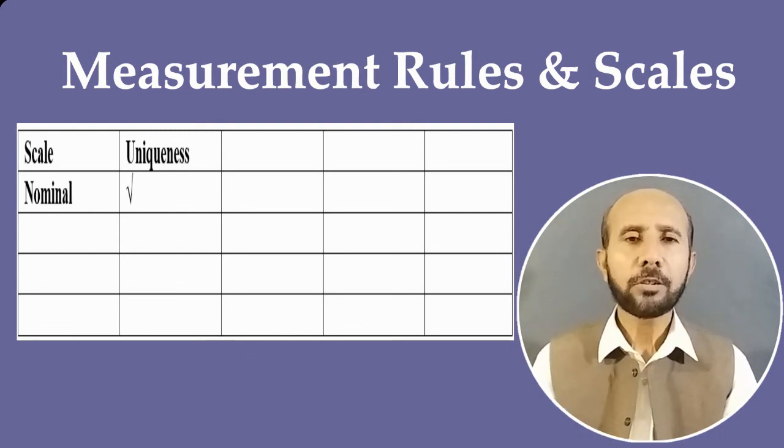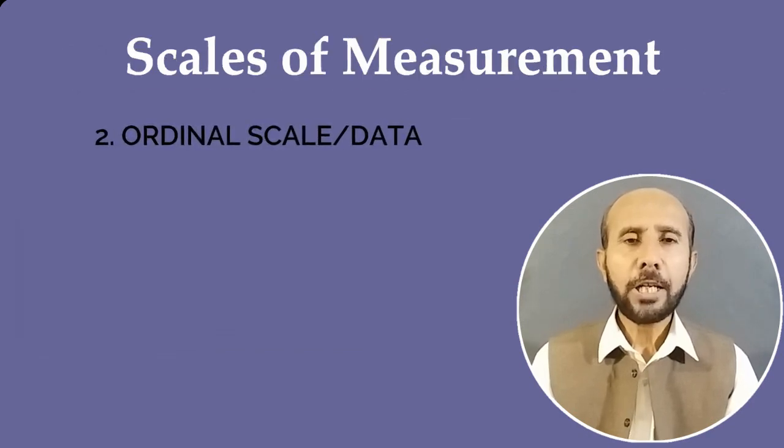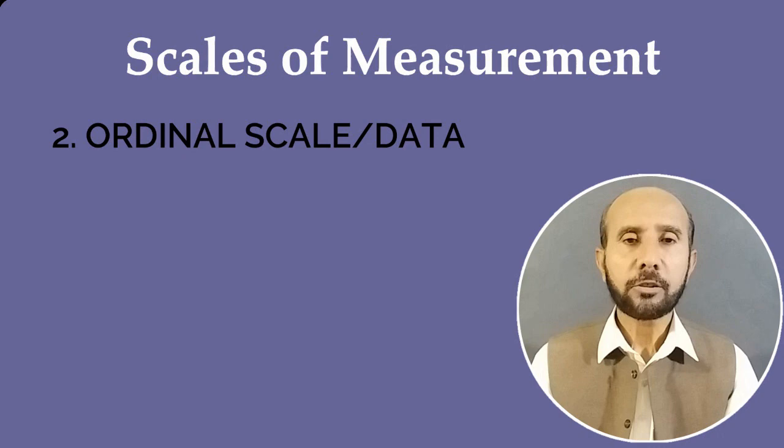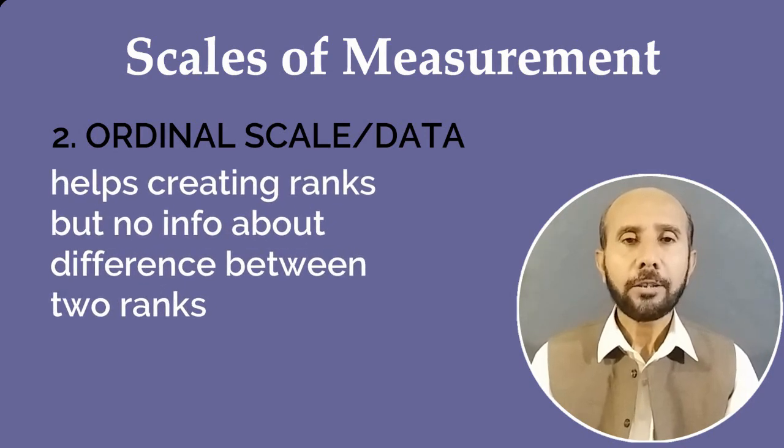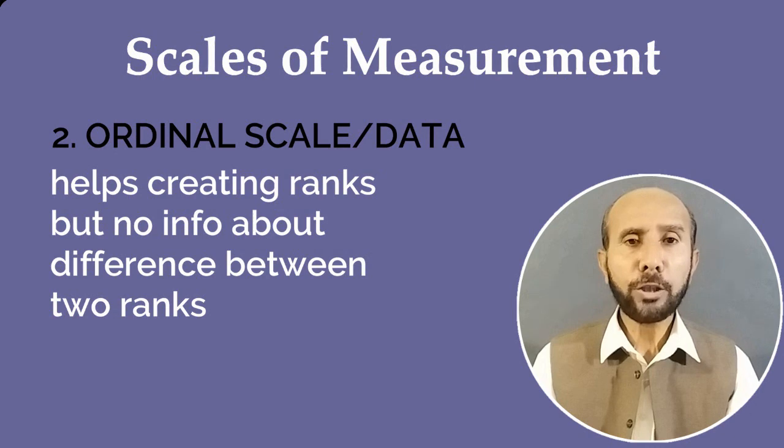Number two is ordinal scale or ordinal data. Ordinal scale is richer than the nominal scale, as it provides information about the ranks along with the uniqueness of the category. This scale helps in creating ranks in a group. However, it does not show the exact difference between the two ranks.